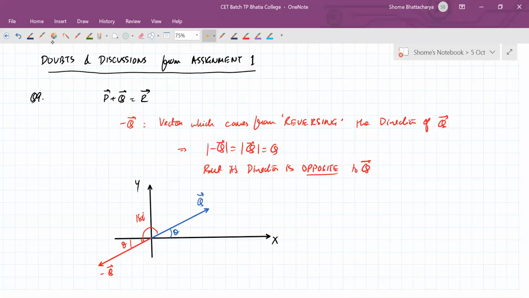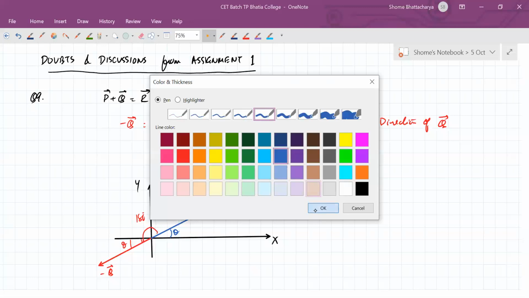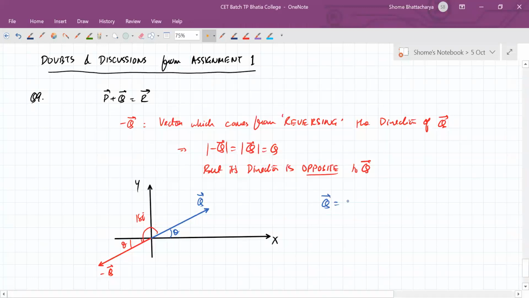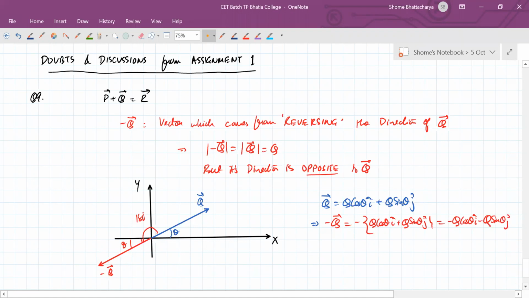So basically what this means to say is that if your vector q is, suppose, q cos theta i cap plus q sin theta j cap, then the vector minus q is minus of that, okay, so it is minus q cos theta i cap minus q sin theta j cap. So this is the meaning of that vector minus q.